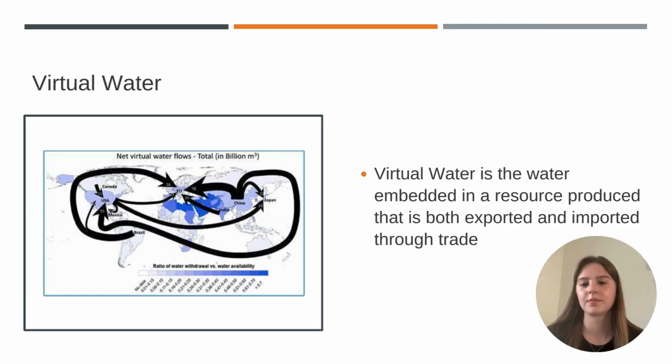Starting with a brief introduction on virtual water, as we learned in class, virtual water is the water that's embedded in a resource that can be both exported and imported through trade.